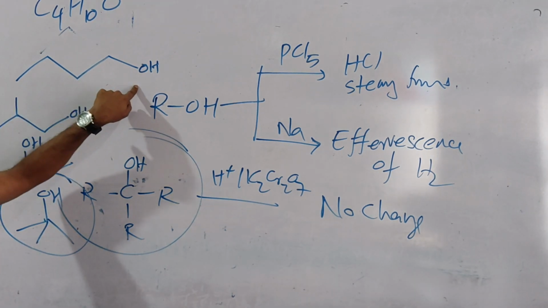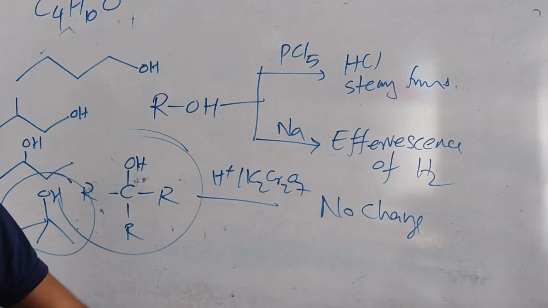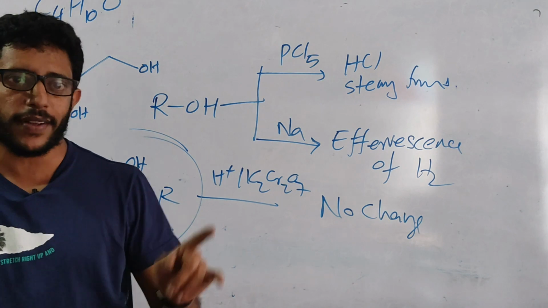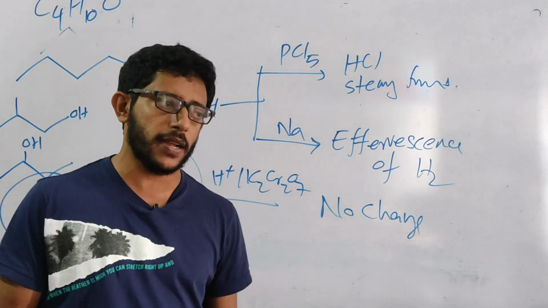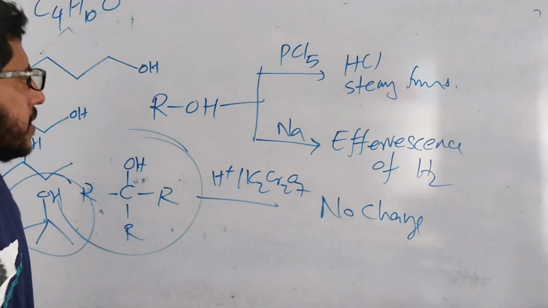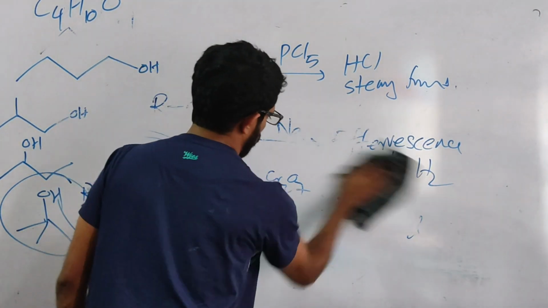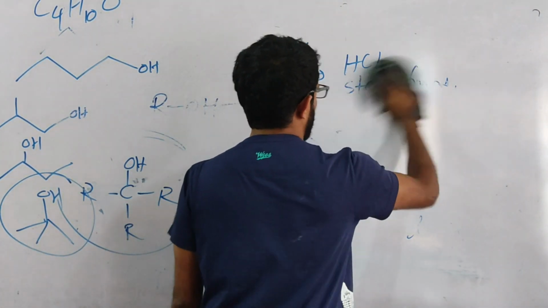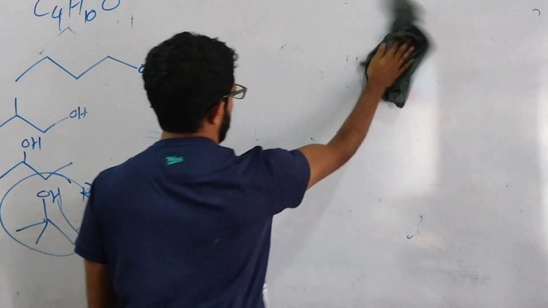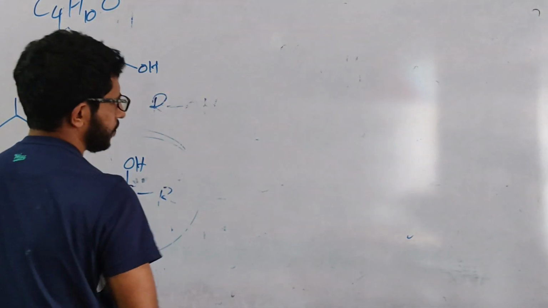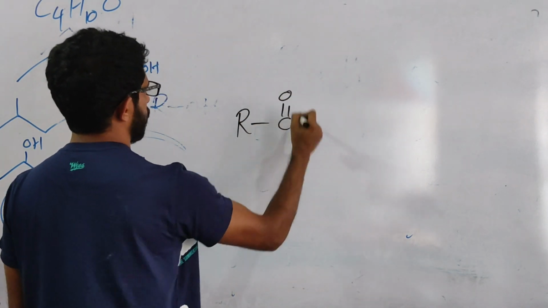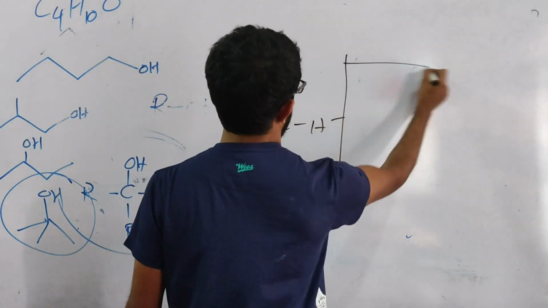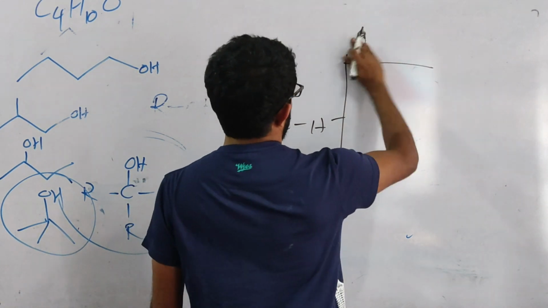The last part is identification of carboxylic acids, but first we have aldehydes. To identify aldehydes, we have to add ammoniacal silver nitrate, which we call Tollens' reagent. When Tollens' reagent is added to an aldehyde, it gives a silver mirror. So if we have an aldehyde RCHO, we commonly have 2 tests in unit 3.